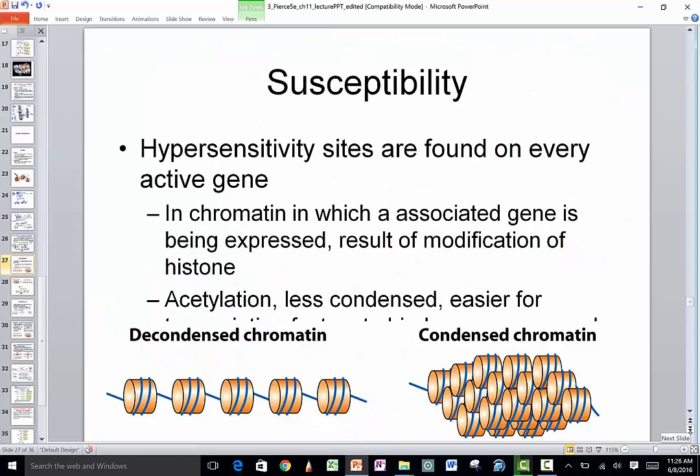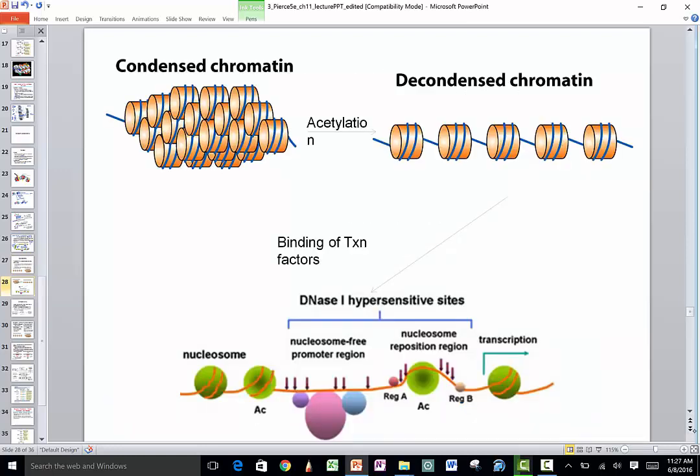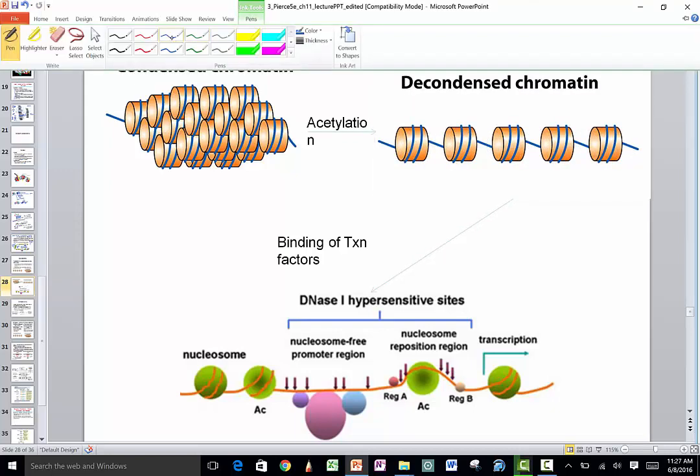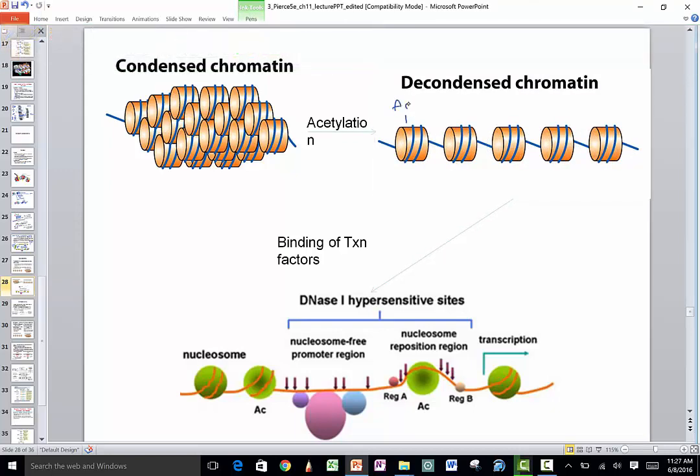So there's some decondensed chromatin and some condensed chromatin, and we're going to talk about how we can do an experiment to show that the loose chromatin is more sensitive to DNase. So the way this experiment works, here they're showing there's some acetylation on this chromatin, which makes it looser.